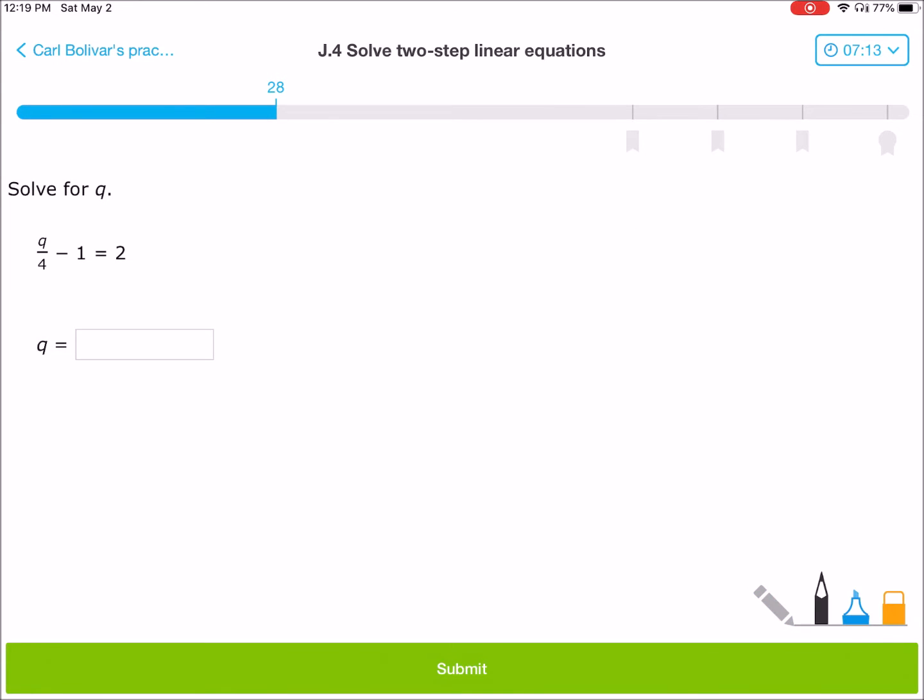Okay. Now we have another one of these. Solve for q. Alright, so first write out the equation. Now we have to move this to the other side, right? The opposite of minus is addition.